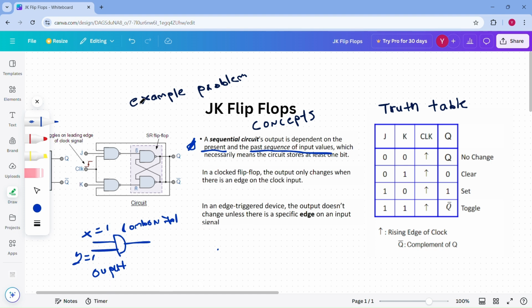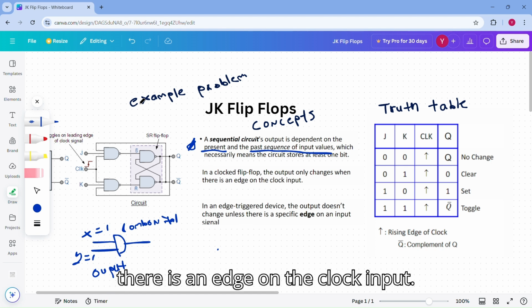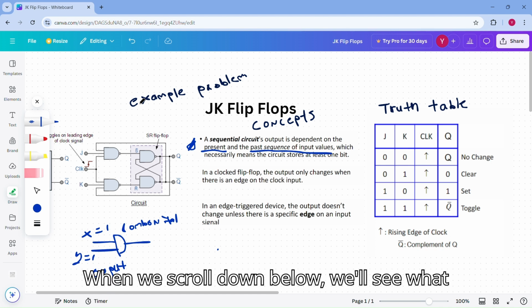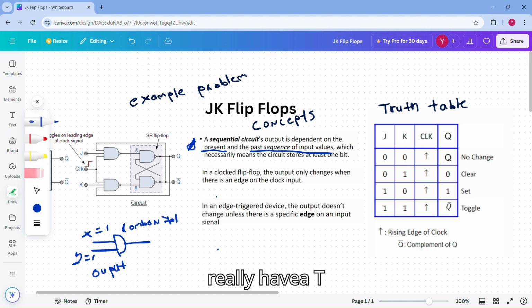This second idea is that in a clocked flip-flop, the output only changes when there's an edge on the clock input. When we scroll down below, we'll see what those clock signals look like, but you really have a square waveform.